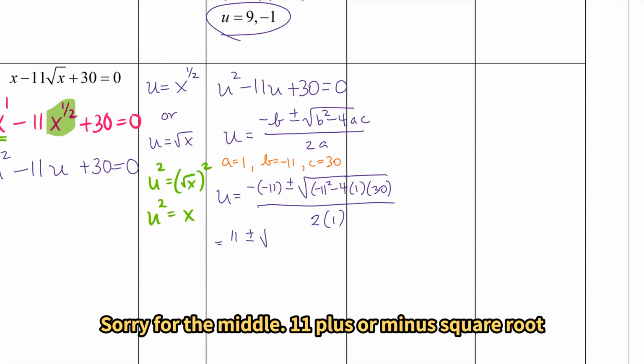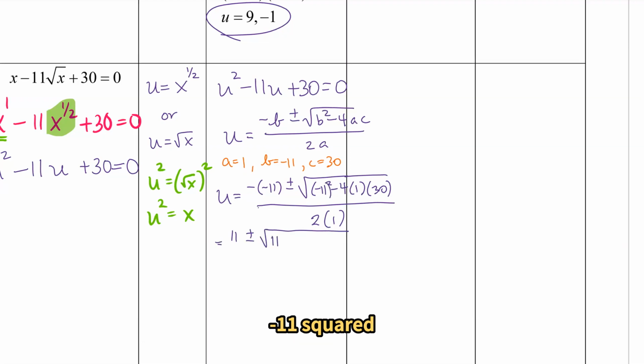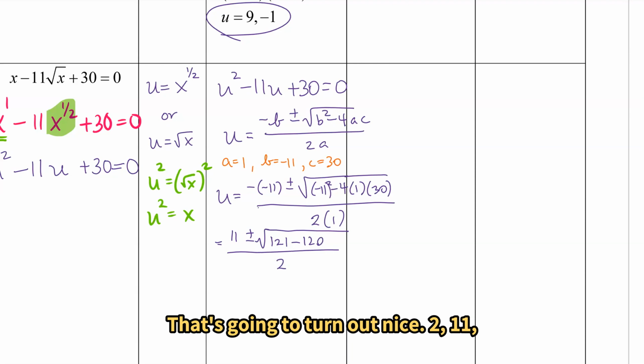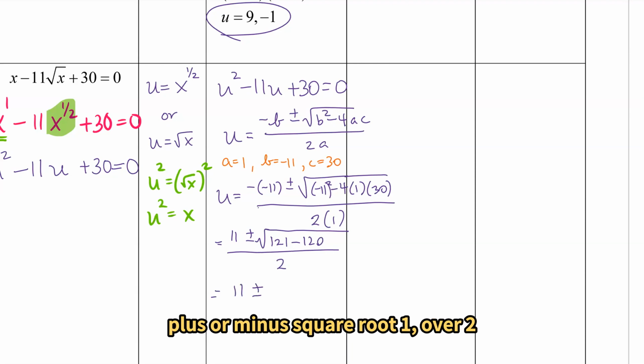11 plus or minus square root negative 11 squared. Negative 11 squared will be 121, minus 4 times 30 is 120. Oh, that's going to turn out nice. 11 plus or minus square root 1 over 2.